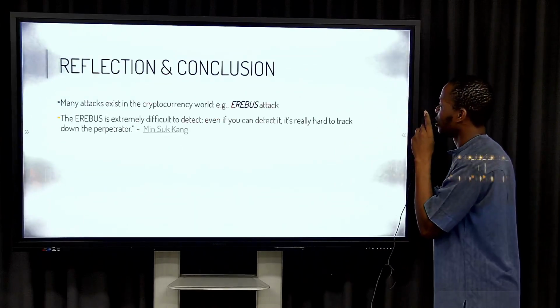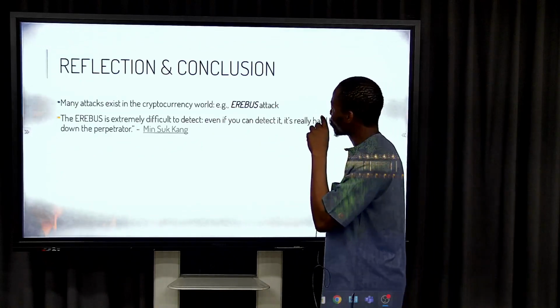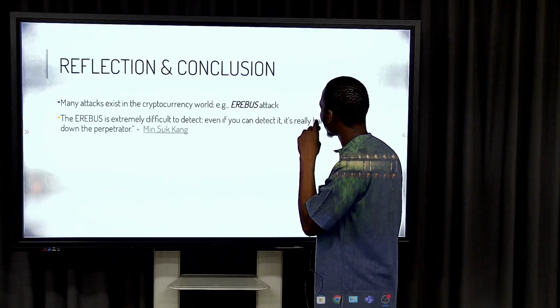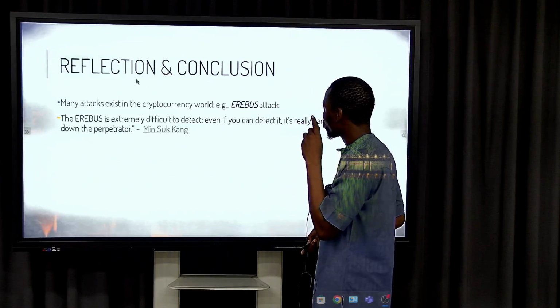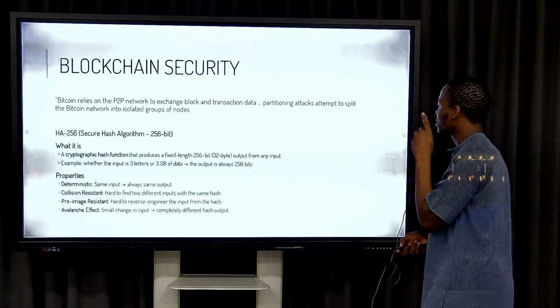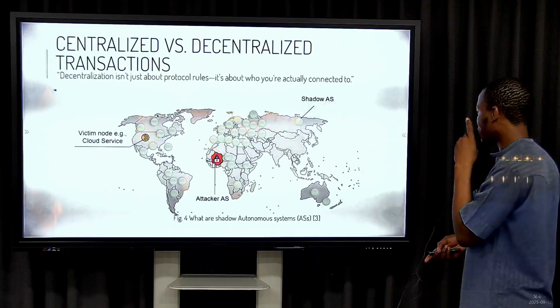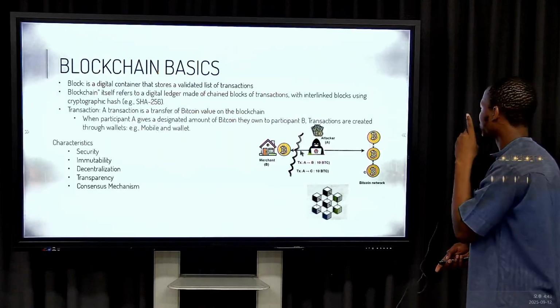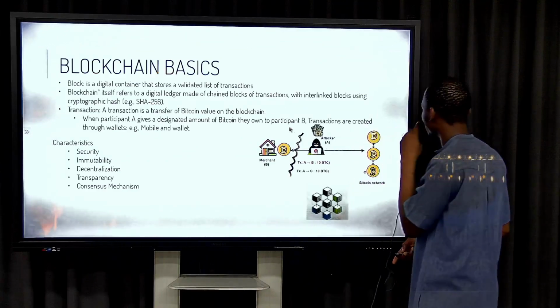So having said this, let's reflect on what we have said so far. Many attacks exist in the cryptocurrency world, for example the Eclipse attack. If you look at the previous slide I shared, a victim is sending multiple transactions, diverting the traffic from the merchants to the network.